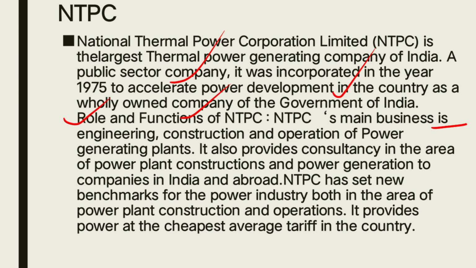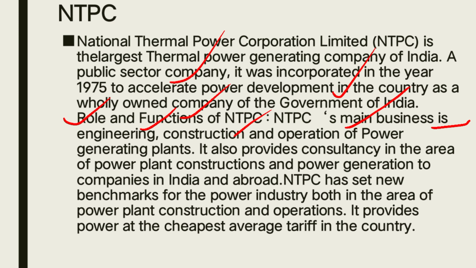The main business is engineering, construction, operation of power generating plants. At these areas, pollution checking norms are to be followed. It also provides consultancy in the areas of power plant construction and power generation to the companies in India as well as abroad.